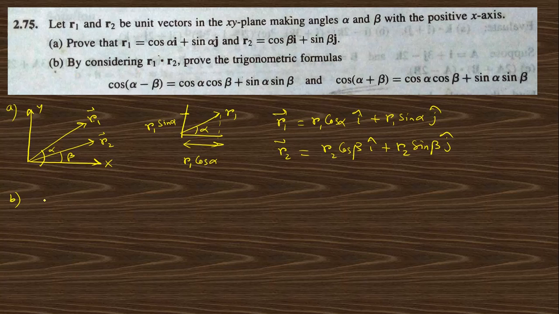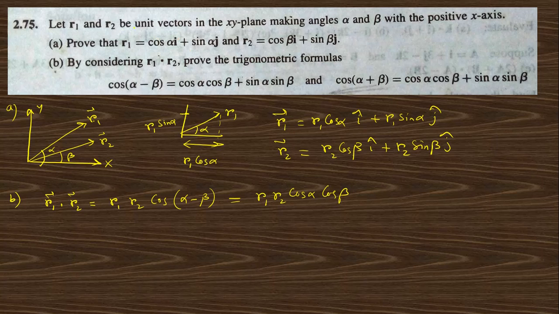And if we want to find the dot product R1 dot R2, this is magnitude of R1 times magnitude of R2 times the cosine of the angle between them, which is alpha minus beta. Putting in components, i dot i is 1 and j dot j is 1, so this is R1 R2 cos alpha cos beta.